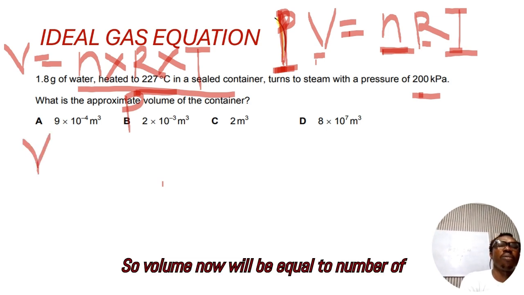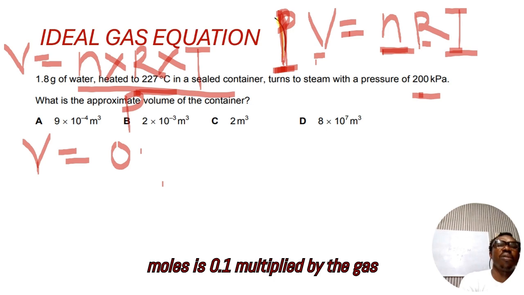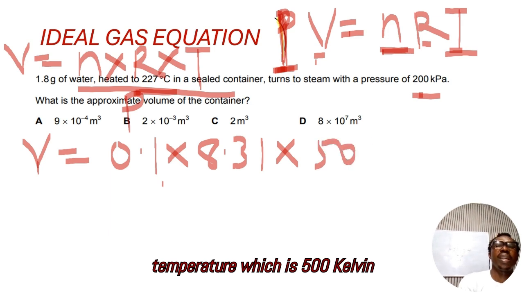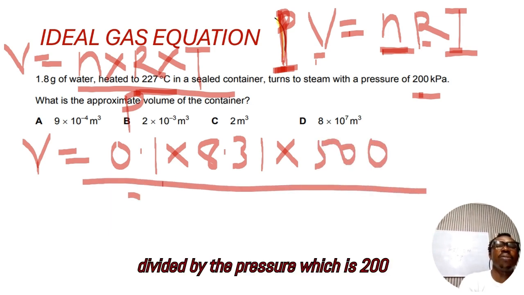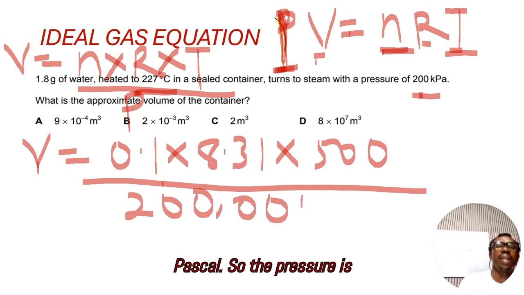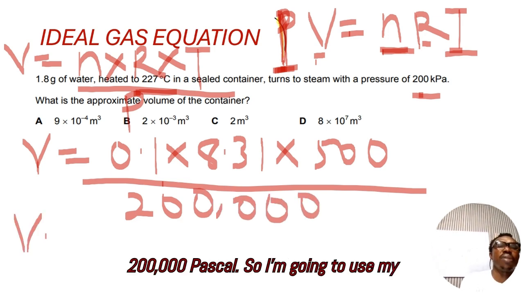So volume now will be equal to number of moles, 0.1, multiplied by the gas constant 8.31, multiplied by the temperature, which is 500 Kelvin, divided by the pressure, which is 200,000 Pascal.